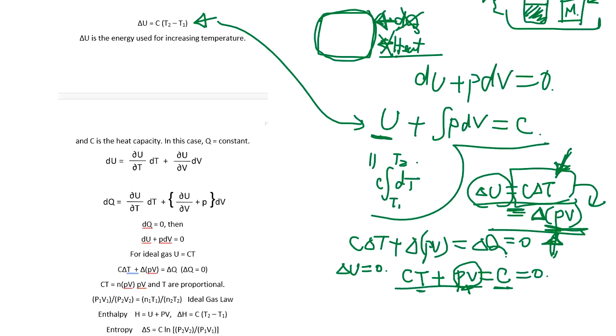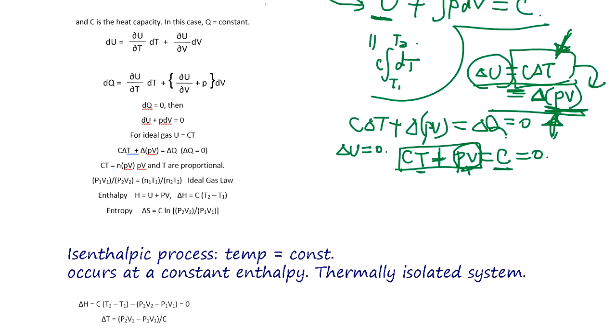That means for the ideal gas, cT plus pV is 0. They are proportional. So that's why we have Avogadro's equation here.